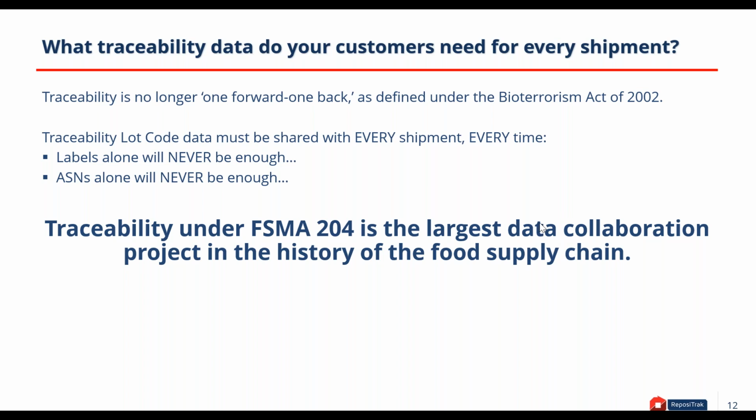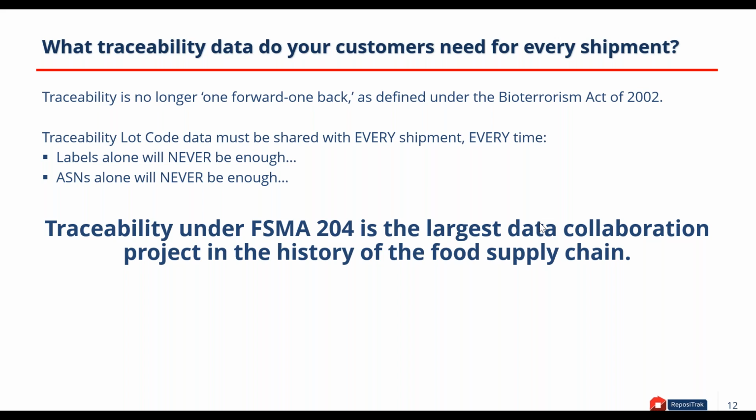We should point out that FSMA 204 is now the largest data collaboration project in the history of the food supply chain. I still get this question today after a couple of years of people studying up on traceability: one forward, one back doesn't work. So what does that mean? Under the Bioterrorism Act, you used to have to keep a record of who you bought it from and who you shipped it to. You just kept your own records and that was enough.